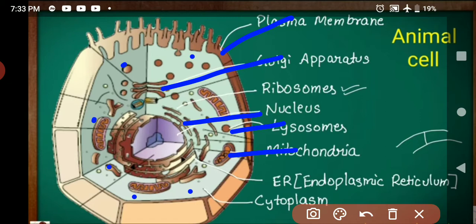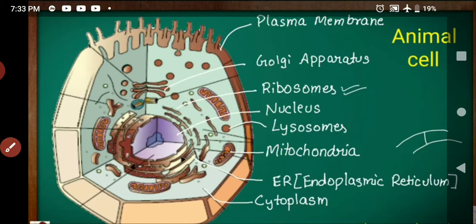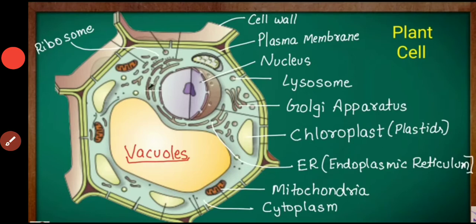And see, in animal cell, there are small and many vacuoles and temporary vacuoles. Plant cells have a large vacuole. Plastid is present in plant cell.